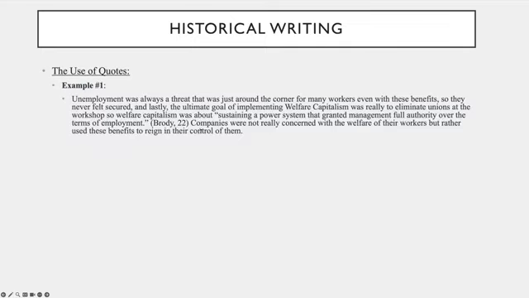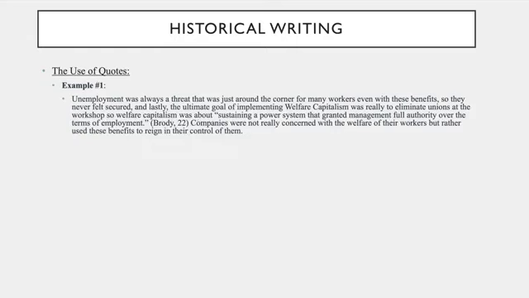Companies were not really concerned with the welfare of their workers, but rather used these benefits to rein in their control of them. So in this example, you can see how the student starts the sentence and kind of very smoothly weaves the quote into their idea. It almost reads like a complete sentence, right? So this is something that I want you to do. As historians, this is what we do, right?